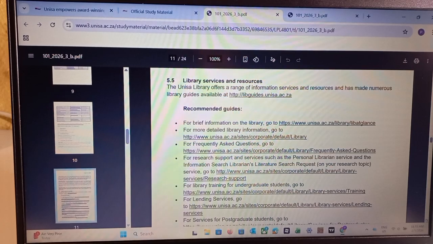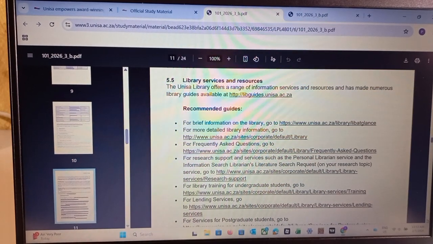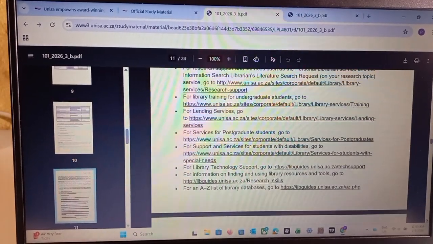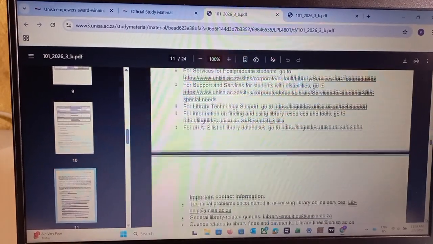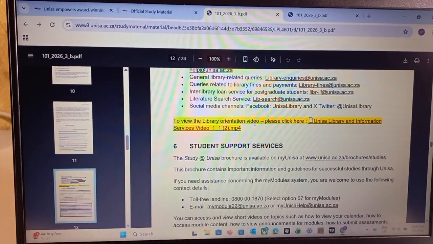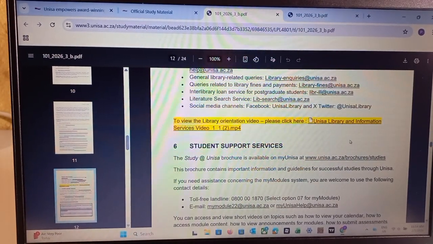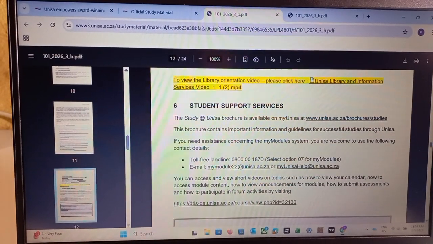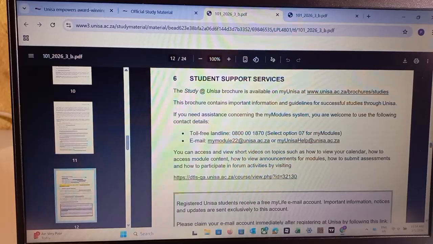These are recommended guides for library information, for research support, and all that. Right, to view the library orientation video, you click here. Okay, student support services, that's that.